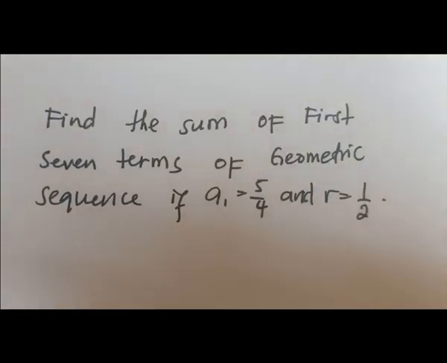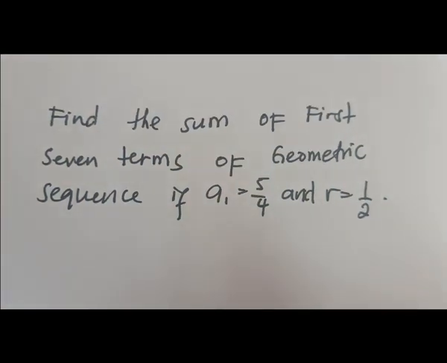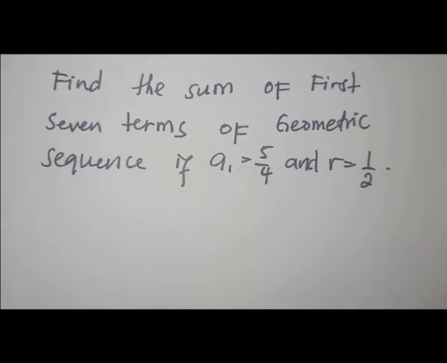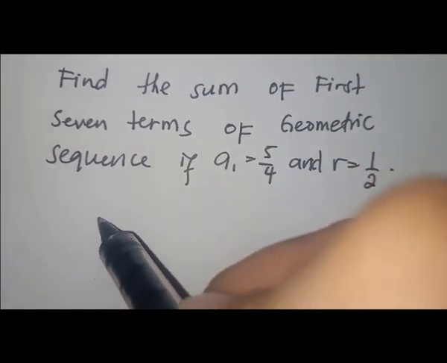Okay, so let's have another example here. Find the sum of the first 7 terms of a geometric sequence if a sub 1 is 5 over 4 and its common ratio is 1/2. Okay, so of course, we still need to use the formula.